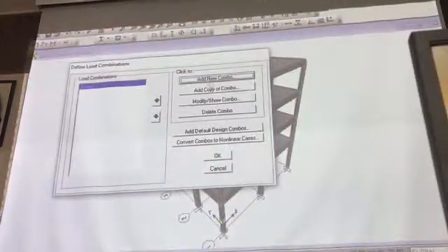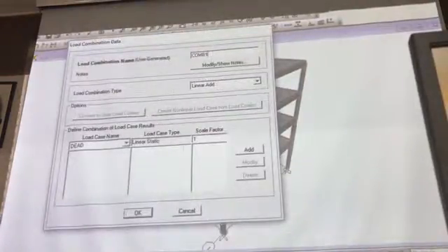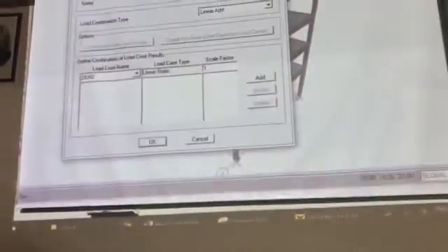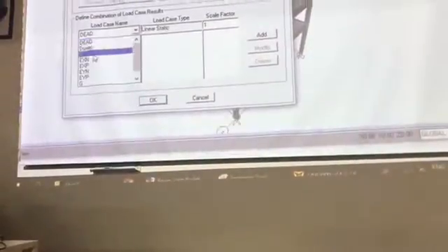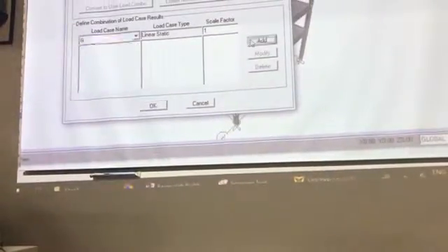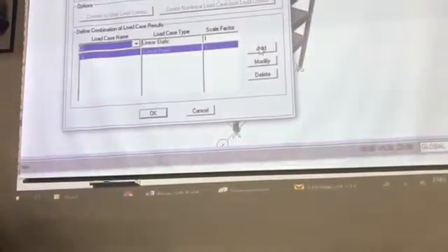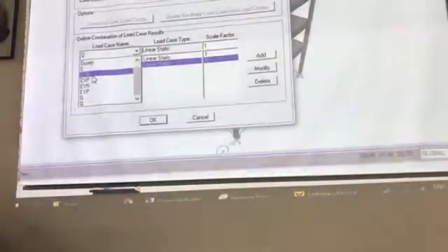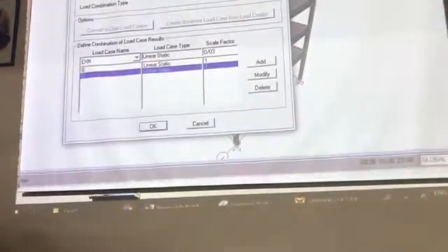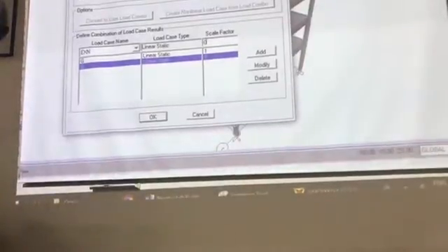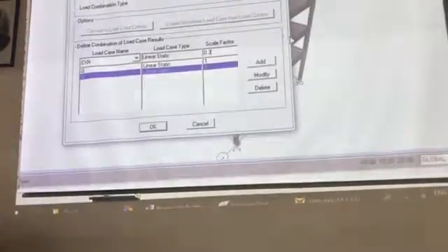Okay, what else? For example, this one: dx1, dx2, dx3, these will be the names. dx1 will be 1G plus 1Q plus dxn 0.3, 0.02, 0.3 dxn.